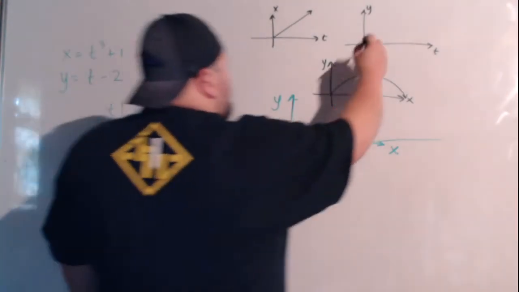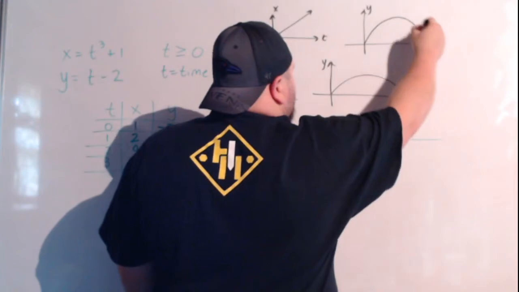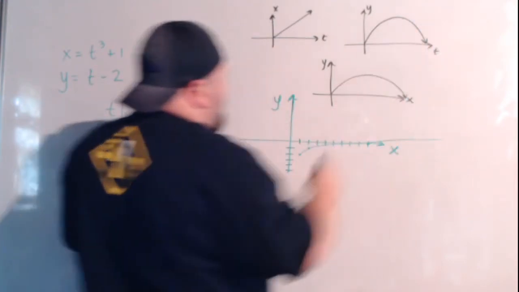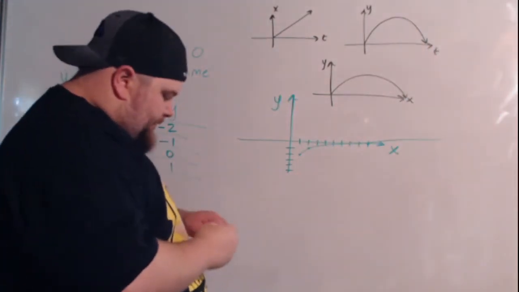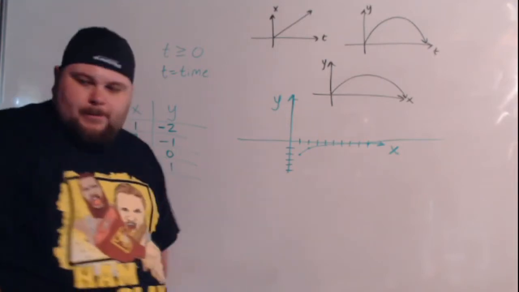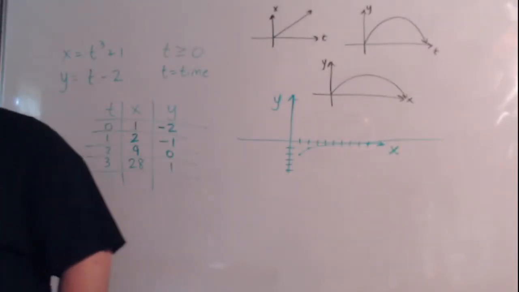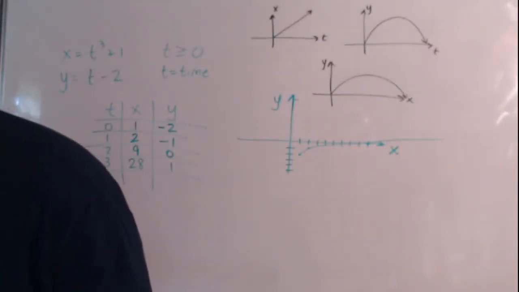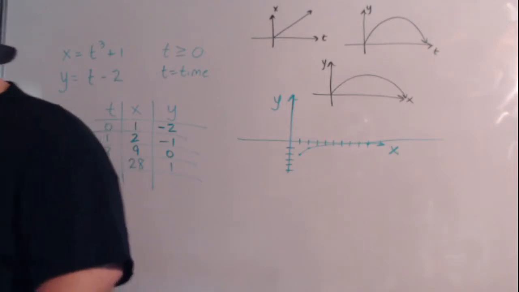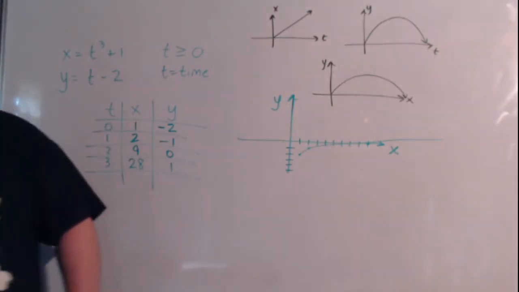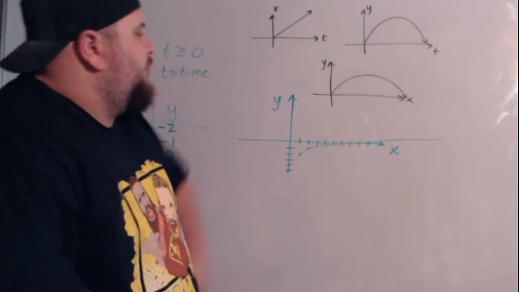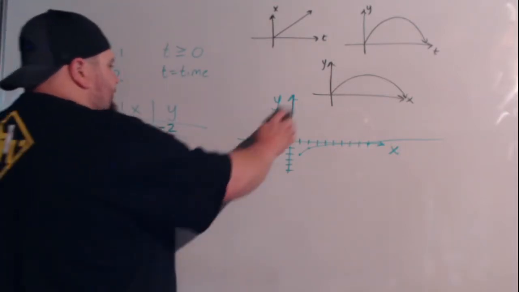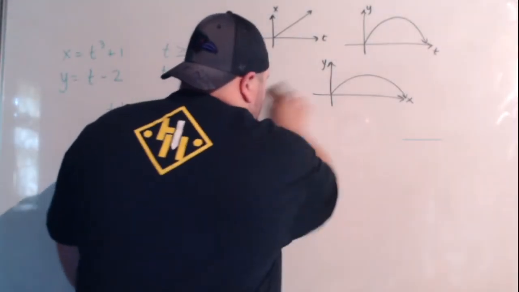And the y position increases and then decreases again, so it actually looks just like the y and x graph. So that's not super important. I just wanted to give an example of where you might see this sort of thing.